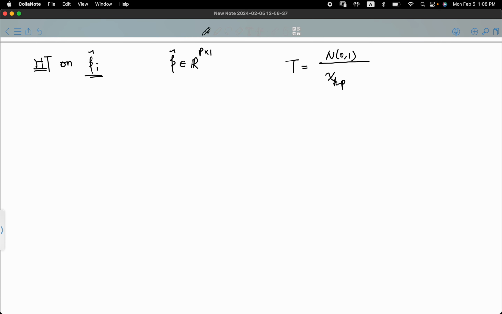And here I'm just going to write a degree of freedom n minus p as a placeholder. And later we will talk about where the n minus p comes from. So if we are able to construct a random variable having this form, this follows a t distribution with degree of freedom n minus p.